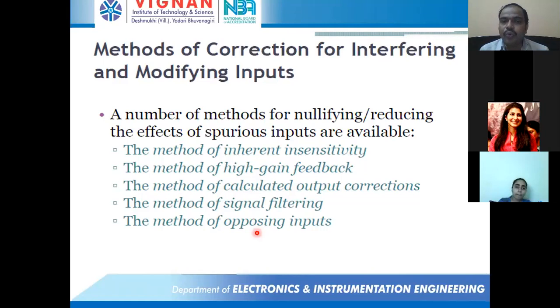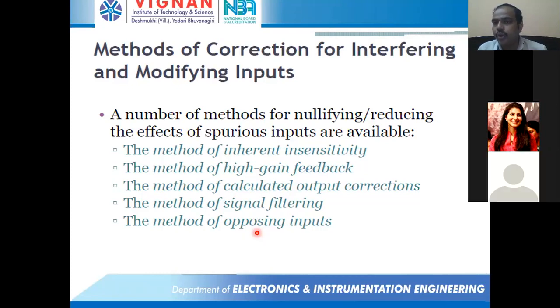These are the 5 methods used to nullify the effects. What is the meaning of nullifying? Reducing the effect to 0, that means we eliminate the complete effect. Sometimes it is not possible to nullify, so at least we have to reduce the effect.